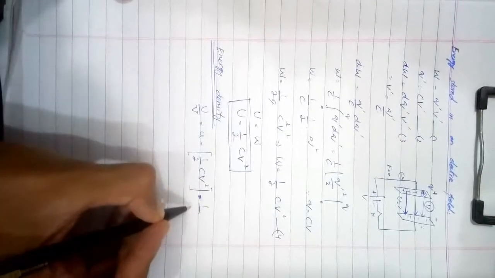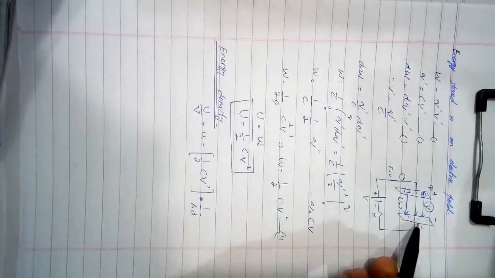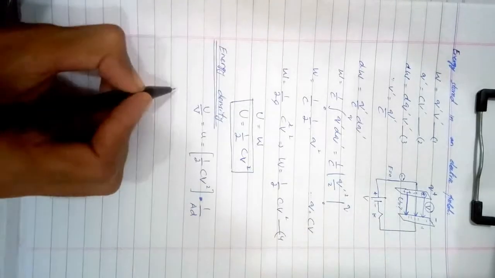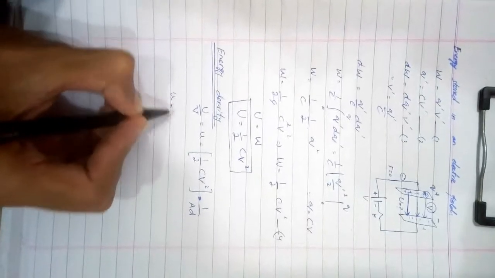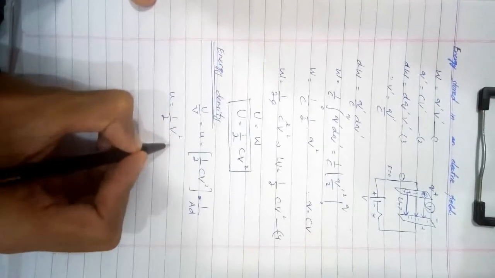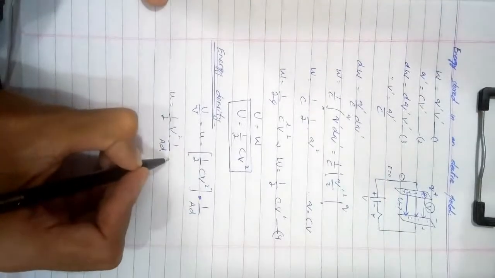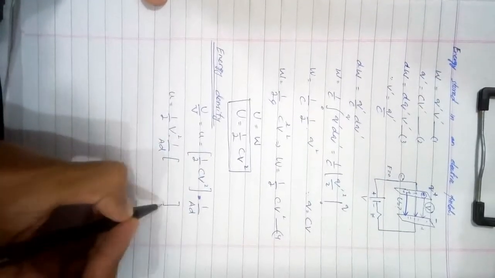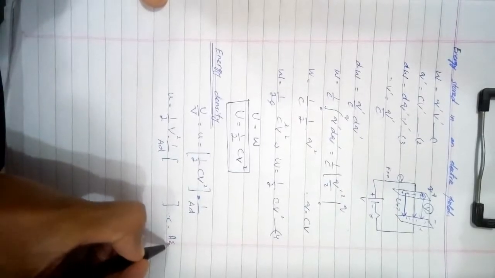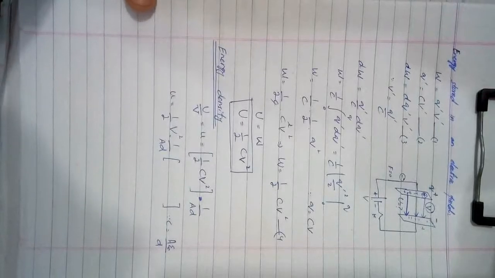The volume means A into D, where A is the area of the parallel plate capacitor and D is the distance between the plates. By solving it, we have u equals 1 over 2 V square into 1 over A and D, and we will put in the value of C, and we know that C equals A epsilon naught over D for a parallel plate capacitor, which is the capacitance of a parallel plate capacitor.